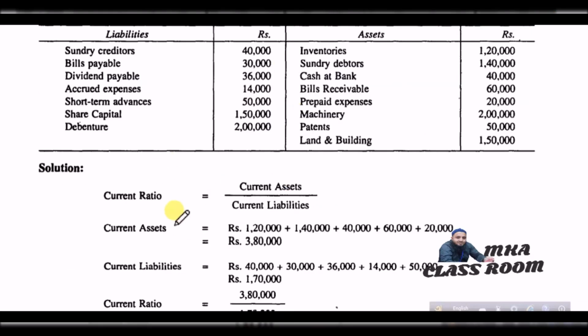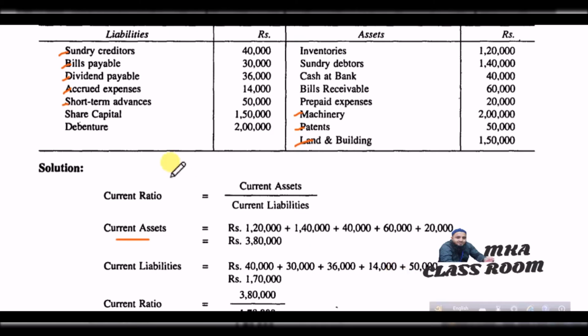So from this table we can easily calculate our current asset: inventory, sundry debtors, cash in hand, bills receivables and prepaid expenses. Machinery, plant, land and building are the long term assets. In the same way we have to calculate the current liabilities: sundry creditors, bills payables, dividend payables, accrued expenses, short term advances.